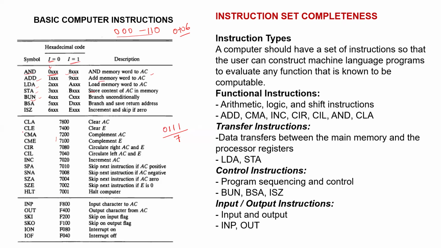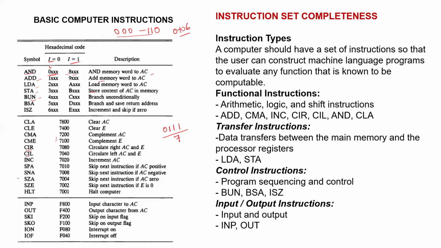CLA clears the accumulator, CLE clears E, CMA complements the accumulator, CME complements E. CIR is the circular right shift of the accumulator and E, CIL is the circular left shift of AC and E, INC is increment.